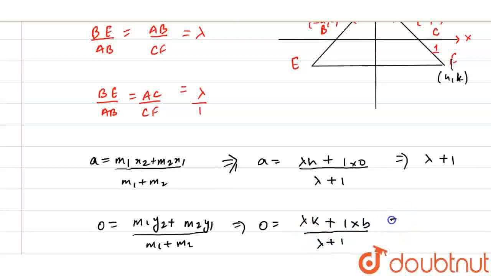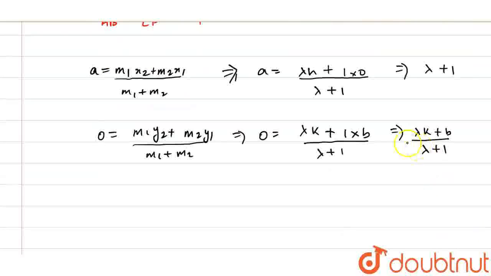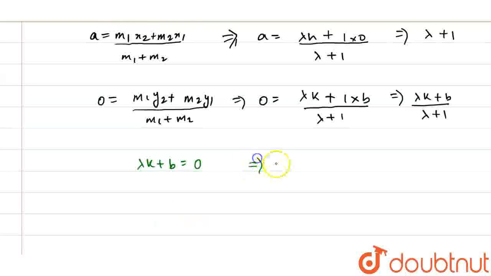So lambda k plus b is equal to 0 multiplied by lambda plus 1, that is 0. From here we can say that k is equal to minus b by lambda. This is the value that we get of k.